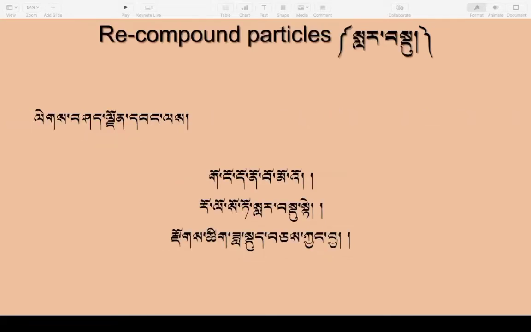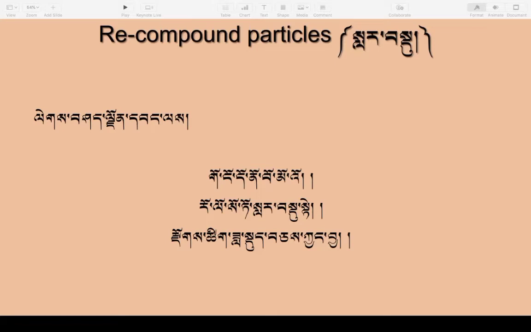Okay, so now the first case is being accompanied by the recompound particles, also known as lerdu. From the text, it states that ko, ngo, to, no, po, mo, ho, ro, lo, so, to.